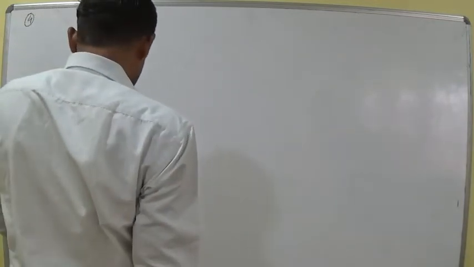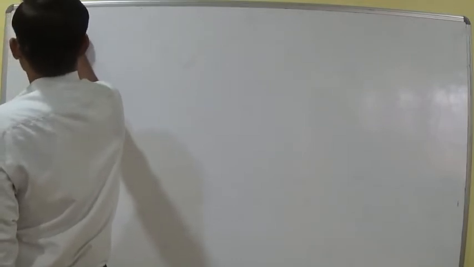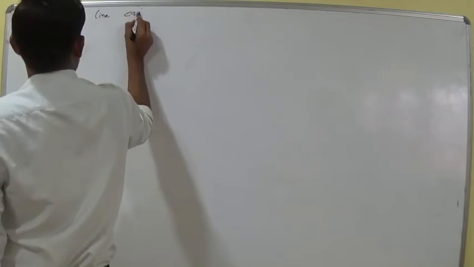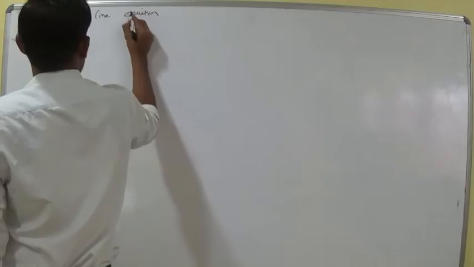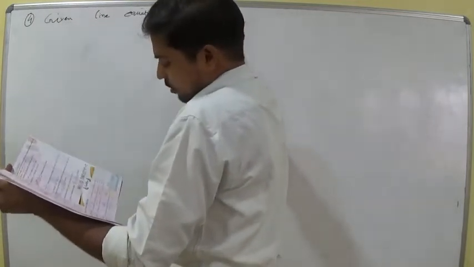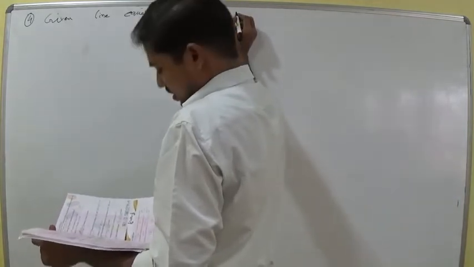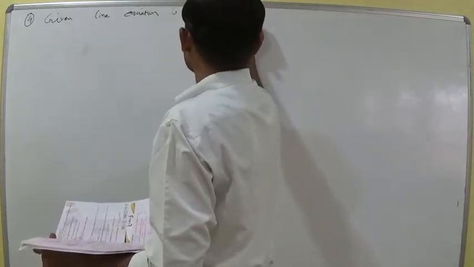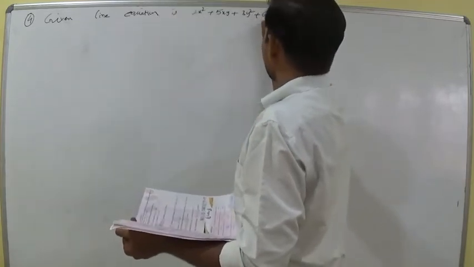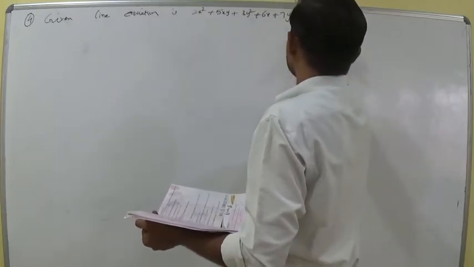Fourth one, intersection point. The given line equation is 2x² + 5xy + 3y² + 6x + 7y + 4 = 0.